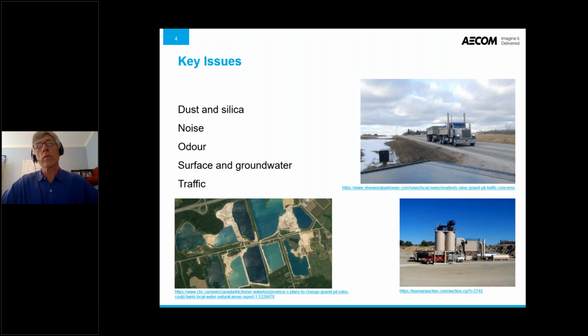Noise is always a concern, and again, depending on where the pit is, impacts to surface and groundwater or wetlands can also be a major concern. So there are a number of things wrapped up in these kinds of developments, which are, again, often near markets, which are the major cities in the province. Let's go on to the next one.